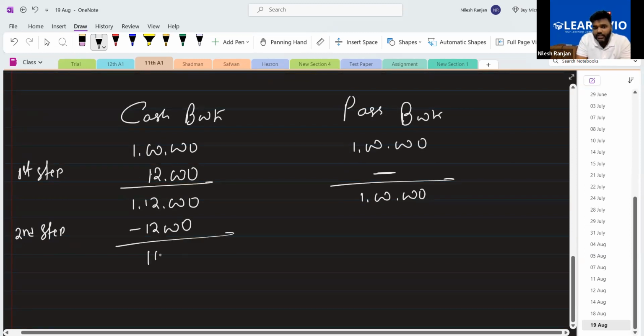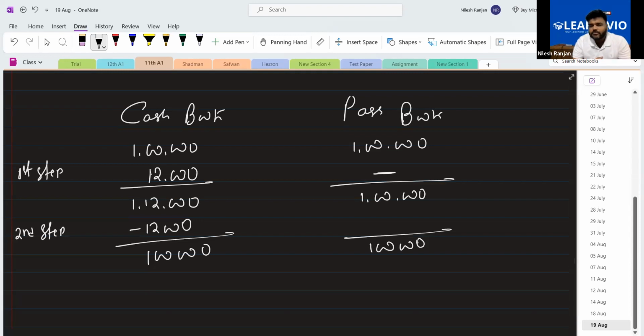So whichever book we use for the first transaction, that is the one we are supposed to decrease or increase, to make it equivalent to the other book.